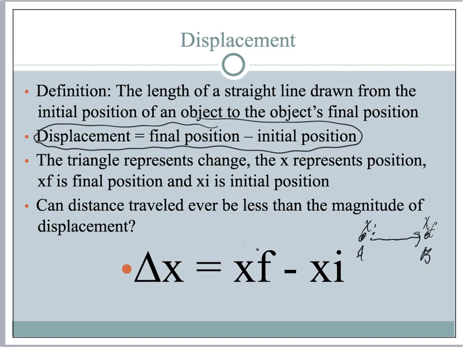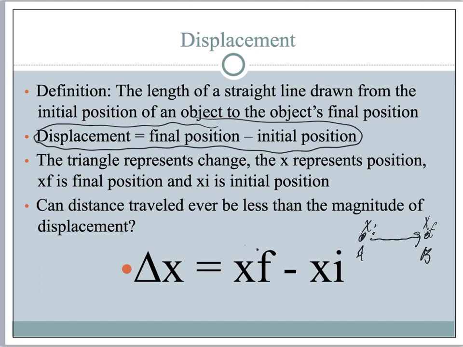But if you think about it, displacement can be zero. Even if you put a ton of distance on a trip, your displacement can be zero. So the distance traveled can never be less than the displacement. It can be the same and it can be more, but it can never be less.